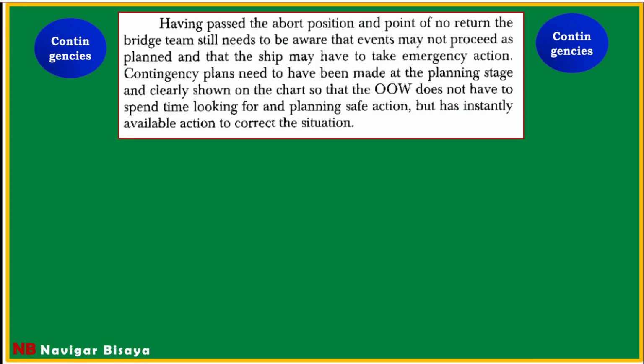Contingencies. Having passed the abort position and the point of no return, the bridge team still needs to be aware that events may not proceed as planned and that the ship may have to take emergency action. Contingency plans need to have been made at the planning stage and clearly shown on the chart so that the OOW does not have to spend time looking for a safe action but has it instantly available according to the situation.